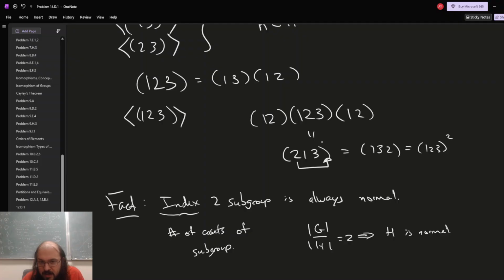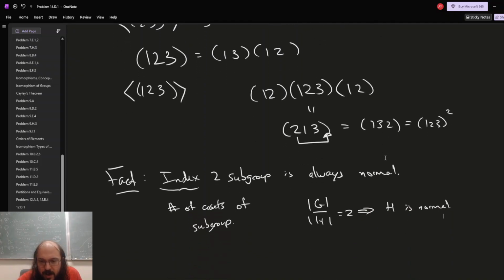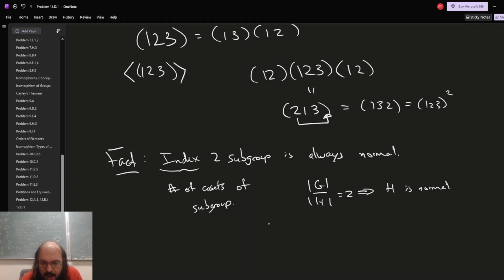Again, two ways I can think about seeing it. The first is that the order of S3 is 6, and the rotation group generates an order 3. We could just see that. We also talked about the alternating group when we were learning about S3. And in any Sn, there's the subgroup of even permutations, which this is, because it's generated by a pair of non-trivial transpositions.